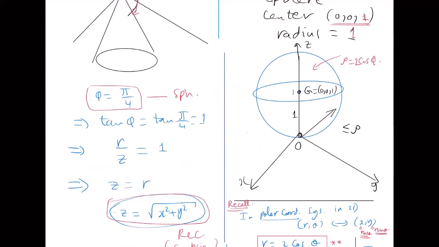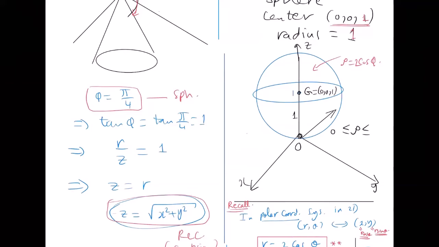Rho varies from 0 to scan all of the points inside this sphere. Rho begins with the smallest value at the origin, 0, up to the points on the surface of this sphere, which is given by this equation, 2 cosine phi. These are the limits for these points on the sphere and inside the sphere.